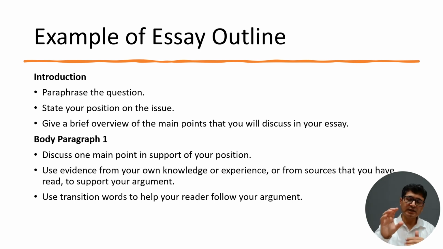That should be done in your paragraph number 1, because in task achievement they'll also check if you have answered the question, and the question is what are the advantages and disadvantages, for example. So the examiner must see that you have answered that question in the beginning. And give a brief overview of the main points that you will discuss in your essay. So there'll be mainly two arguments that you'll be discussing.